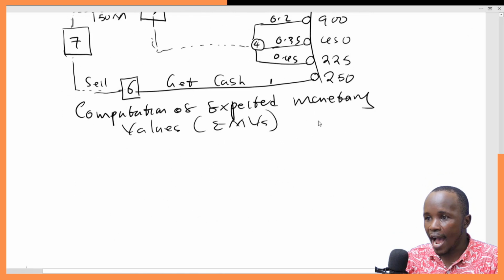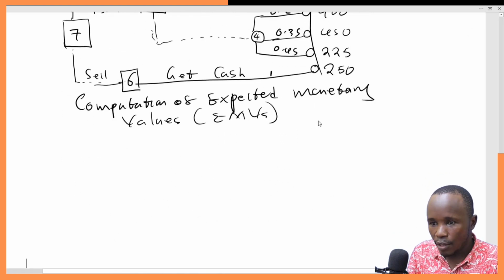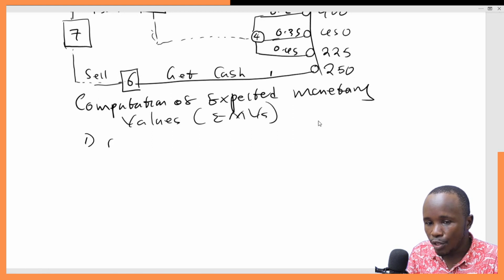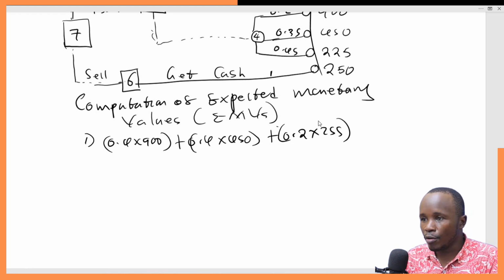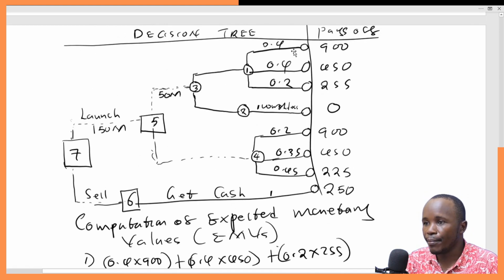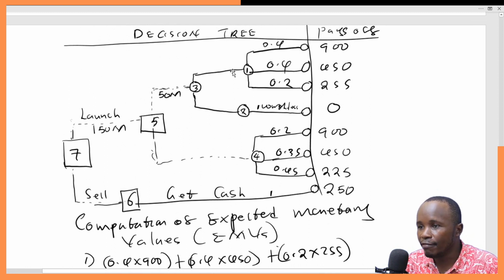Let's look at position 1. At our number 1, our expected monetary value will be 0.4 times 900 million plus 0.4 times 450 million plus 0.2 times 255 million. Where am I getting this from? Check on the tree diagram here. Here, I need to get the consolidated value of 1.